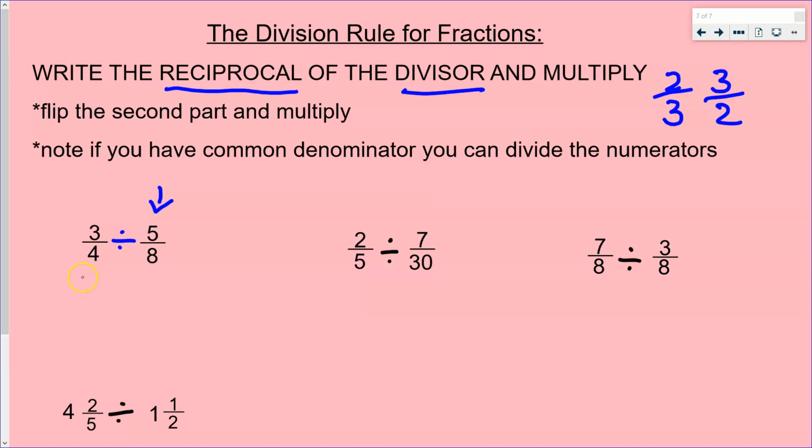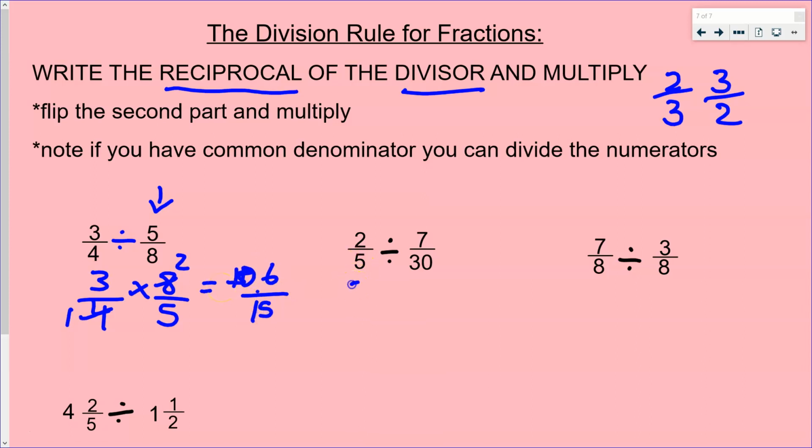Okay, so what you're going to do here is 3/4, flip it, times 8/5, and now we're back to last lesson where we're multiplying. Okay, we're going to look on the diagonal and reduce before we get started, and this makes this 6 over 15.